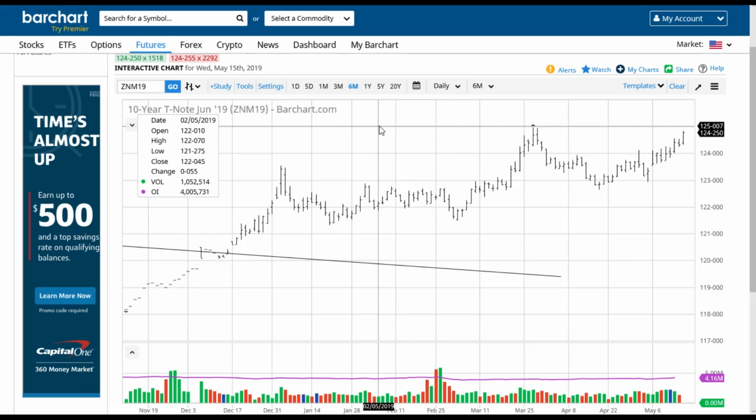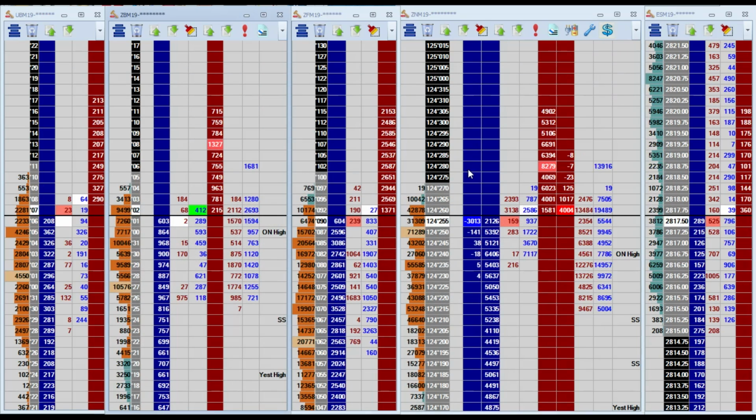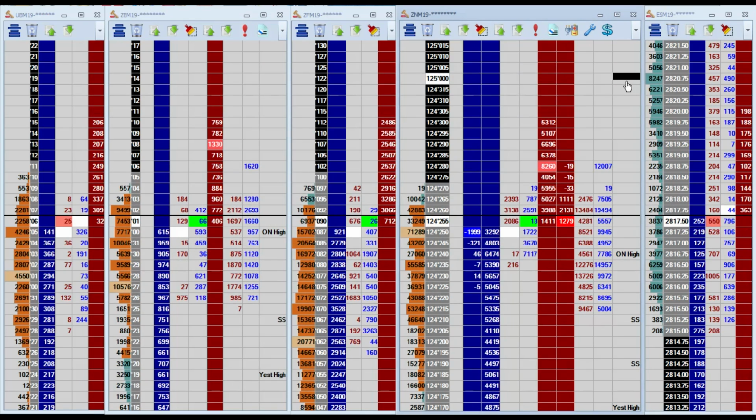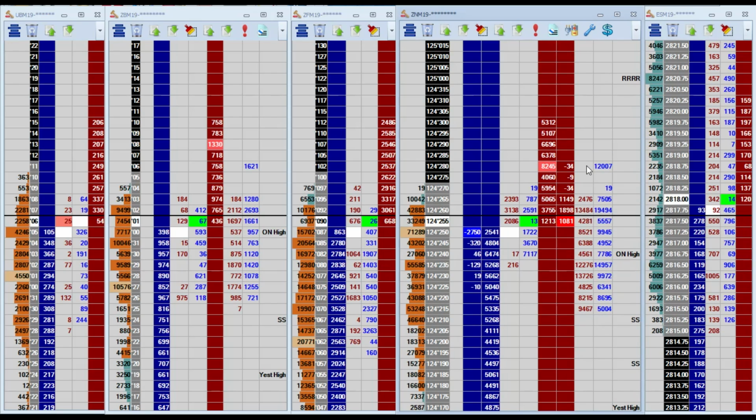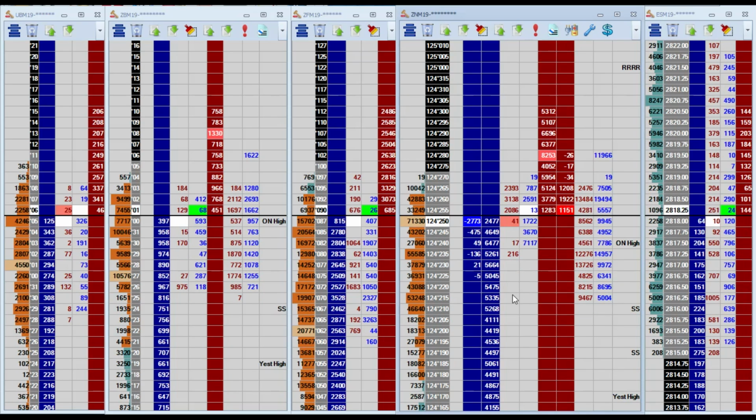Basically you're looking at 125 even. So that would act as resistance, I would think. So we'll note that on our book. It's kind of up here, but that would be 4 R's for long-term resistance. If we do get up to that level, you can see some longer time frame traders maybe want to act on that.